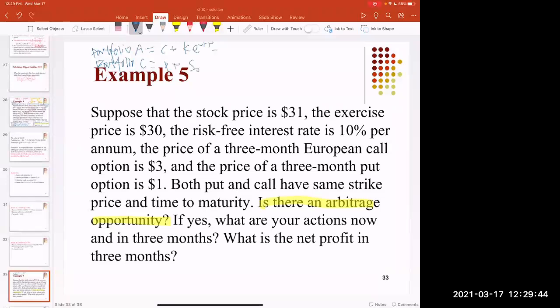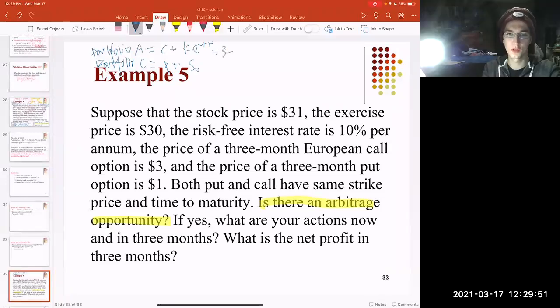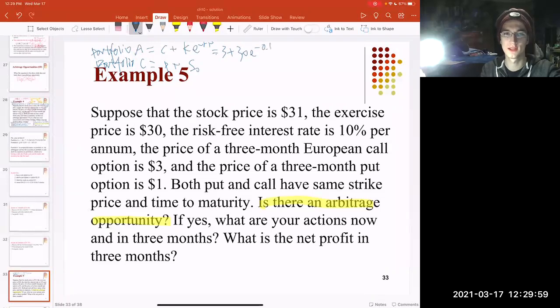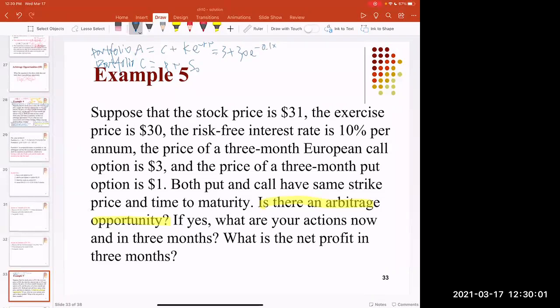Can anybody tell me what portfolio A you got? Portfolio A would be the put, right? I got 32.26, for 3 months. 32.26, right?